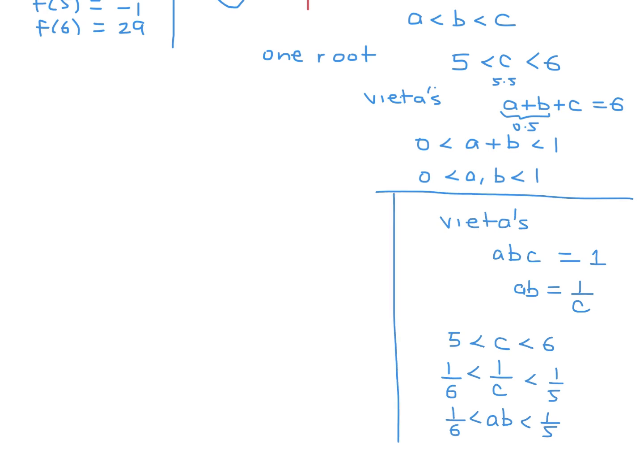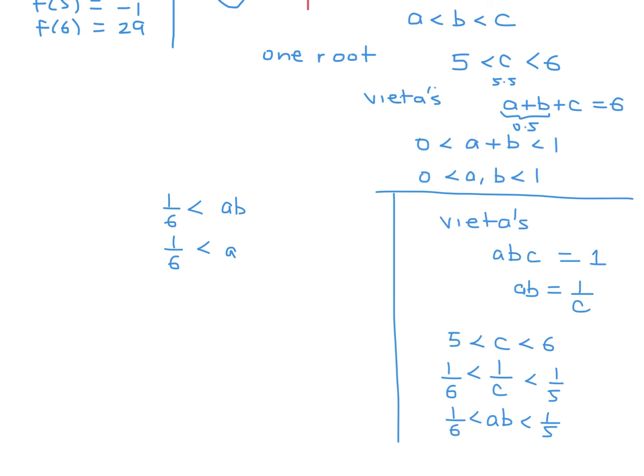Keep going. Now, if we take this part, that AB is greater than 1 over 6, and also take into consideration that B and A, both of them, are less than 1, then that means that A must also be greater than 1 over 6, because if you're multiplying it by B and B is less than 1, then when you take A and multiply it by B, you're going to get a smaller value.